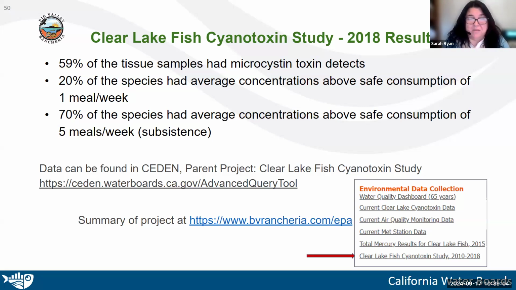So that's our math. And if we're wrong, OEHA, we're throwing out the challenge to please come up with that number for us, as we've been asking for years. Anyway, if you're doing 5 fish meals a week at that 2 nanograms per gram, 70% of the species had an average concentration above safe consumption.